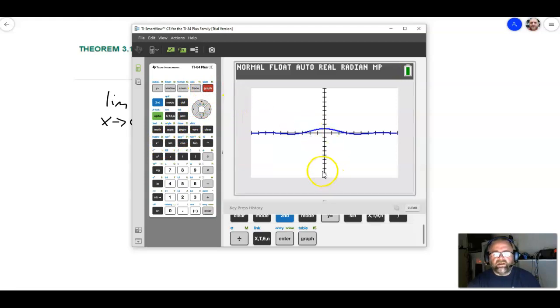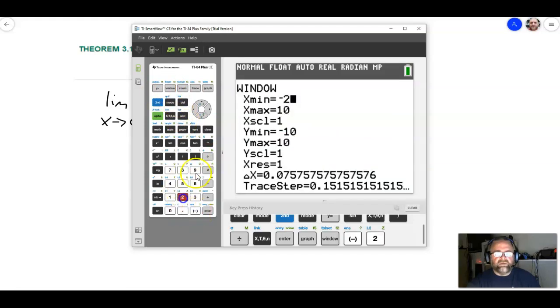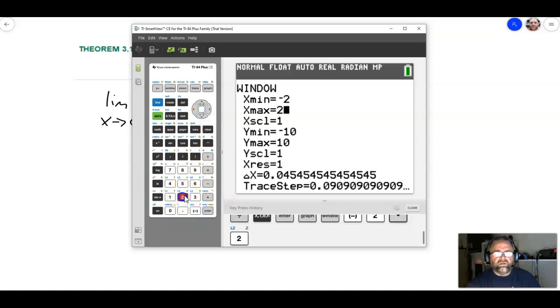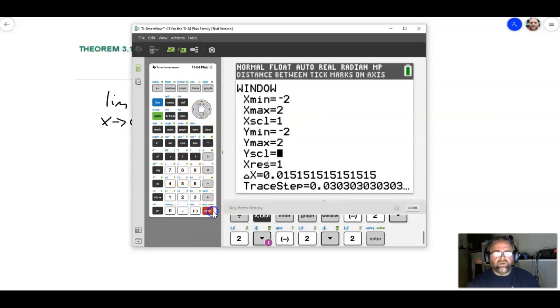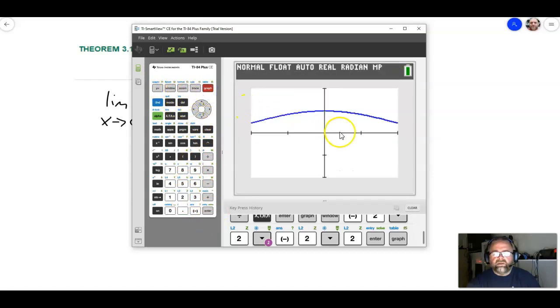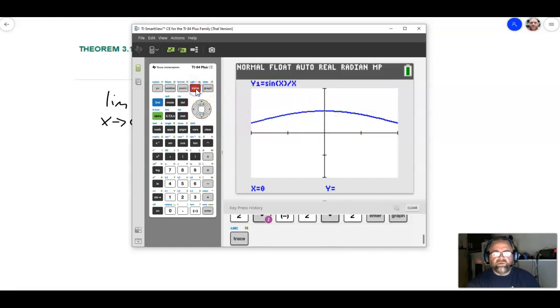So if I graph here, let's do a much smaller window, -2 to 2 and -2 to 2. That will get us right around where x is equal to 1, and if I look at x equals 1, I can see that it looks right at y is equal to 1. I can use the trace function for that if I want to.